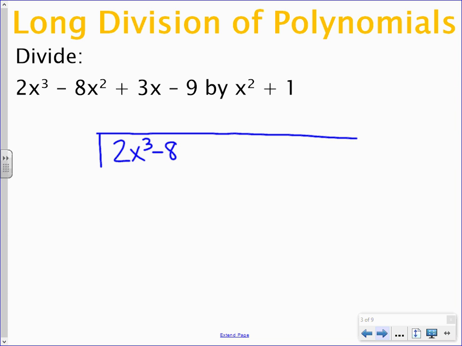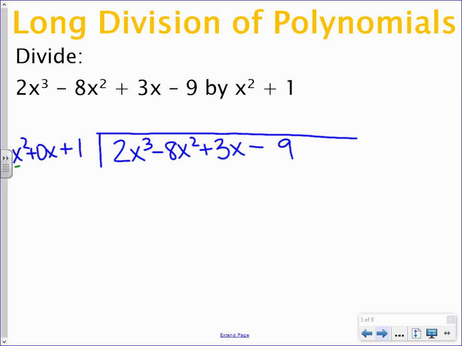If there were any missing terms, you would want to place a 0 there. Our divisor, it has a missing term. So I am okay with you writing x squared plus 0x plus 1. That'll help you keep everything in line.